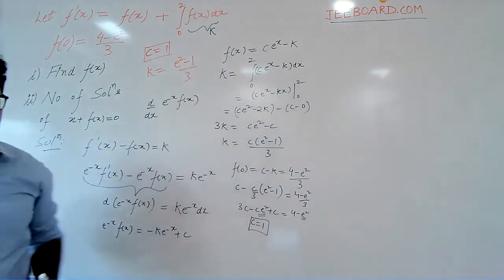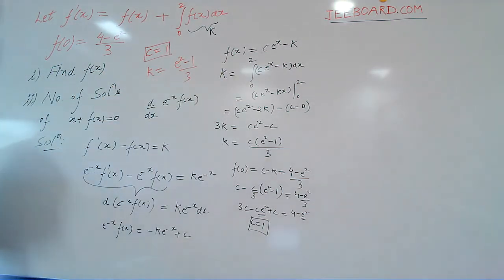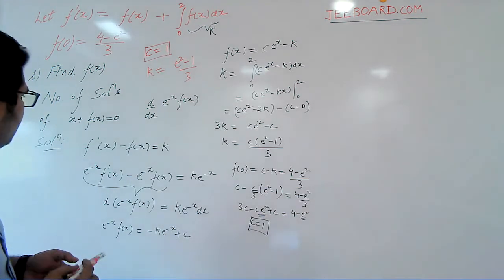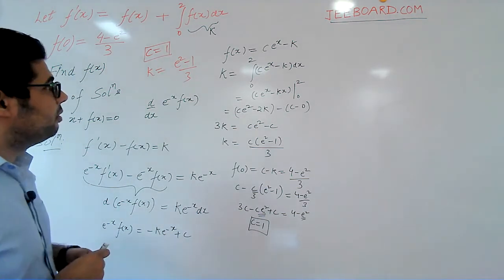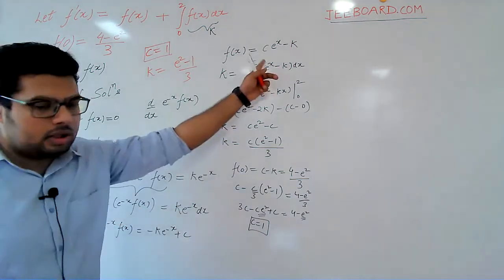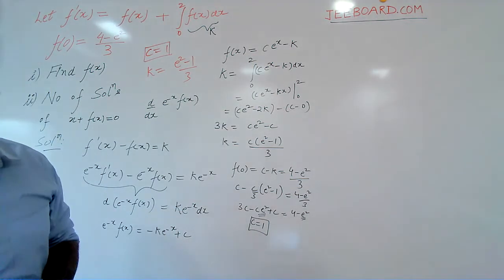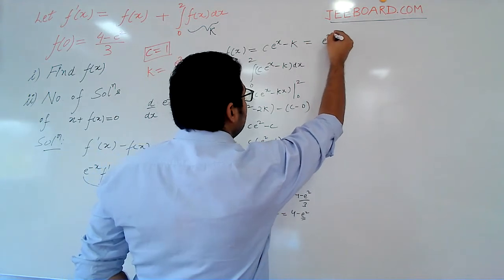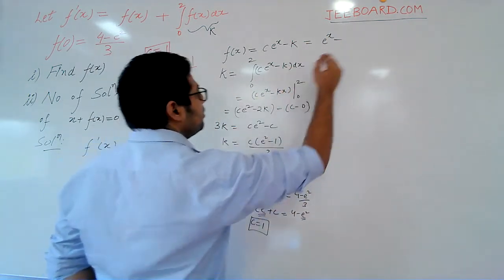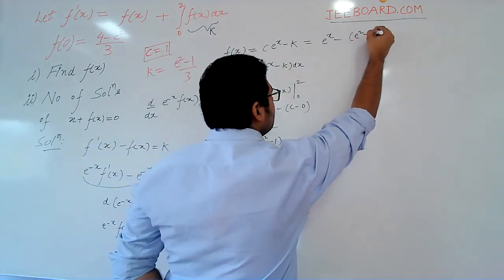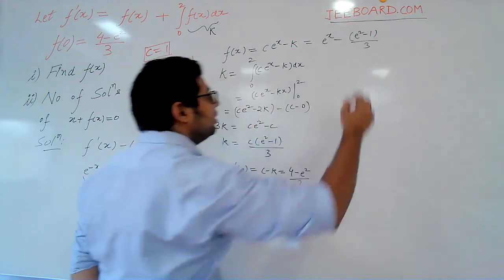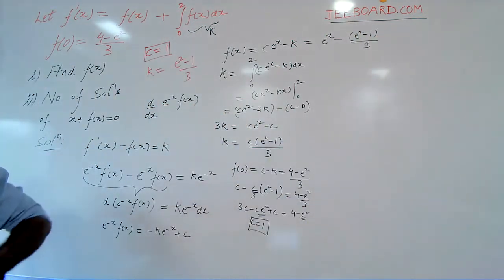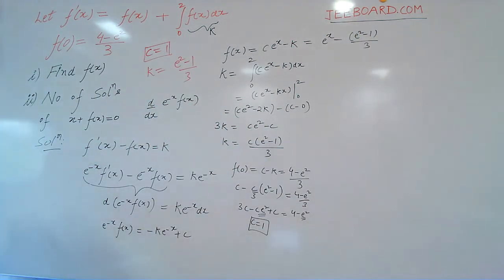We can substitute in this to find out what is the value of f of x. So f of x from here is c into e raised to the power x. So e raised to the power x will be as it is. So this becomes e raised to the power x minus (e square minus 1) divided by 3, right? So this is the function f of x that we were about to find out.